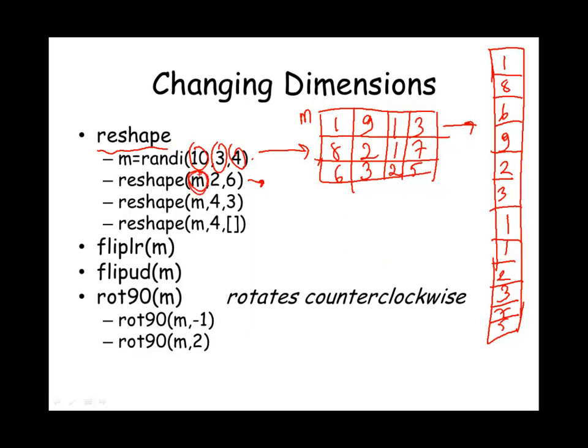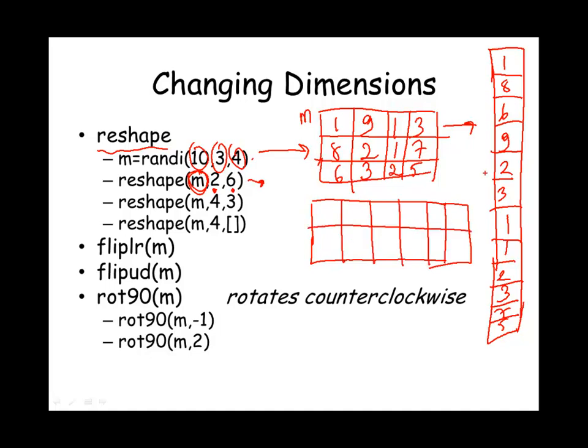Reshape takes the matrix that you would like to reshape, and then the number of rows and the number of columns that you would like to reshape this matrix into. In the first example, we are trying to reshape this matrix into a matrix that has 2 rows and 6 columns.